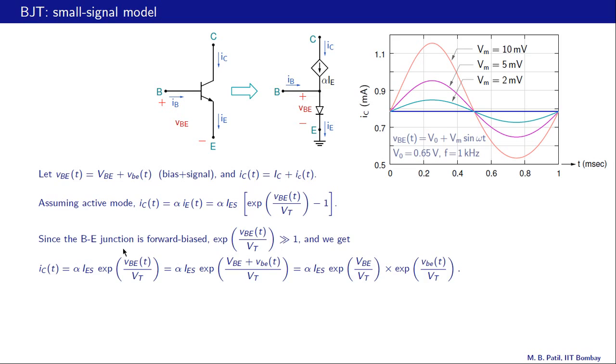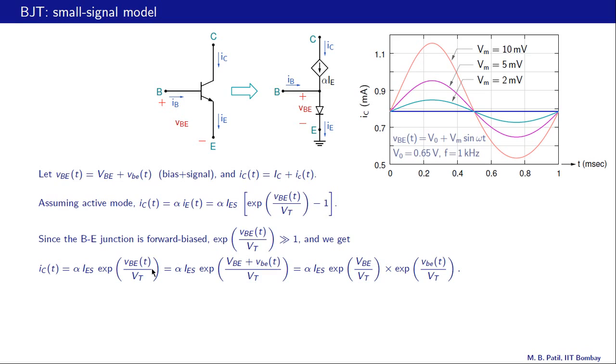Now since the base emitter junction is forward biased, this term will be much larger than this one here, and we can simply ignore that one and get IC of t equal to alpha times IES times exponential VBE divided by VT.